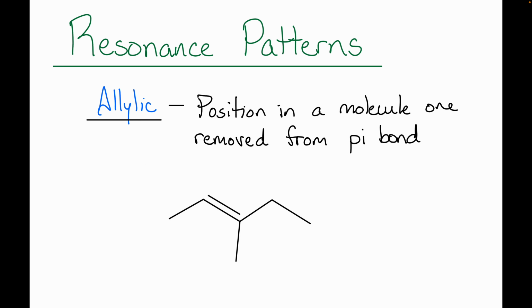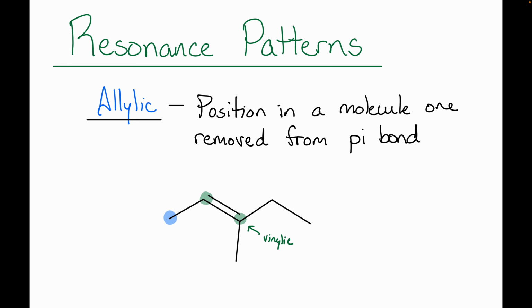All right. So in this molecule here, we're going to identify all the allylic positions. The carbons about that double bond are not allylic. We call these vinylic. So I'm not talking about the ones that are about the double bond. I'm talking about their next door neighbors.